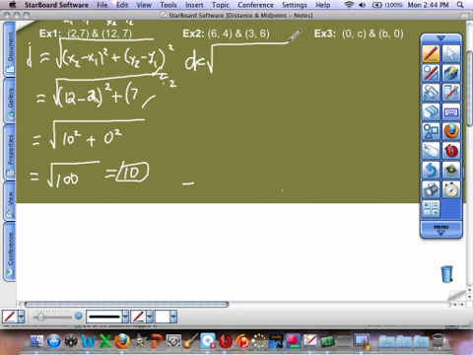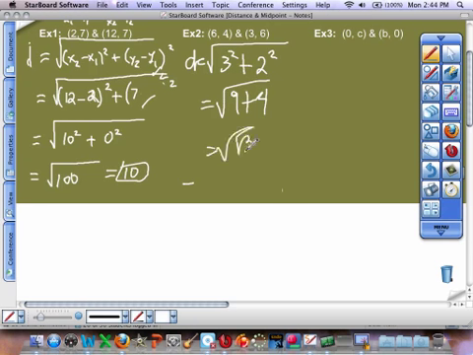How far apart is 6 and 3? Doesn't matter, don't worry about negatives. How far apart are they? 3. 3 squared. How far is 4 and 6? 2. 2 squared. And we're done. Square root of 9 plus 4 is 13. Don't even have to deal with the negatives.